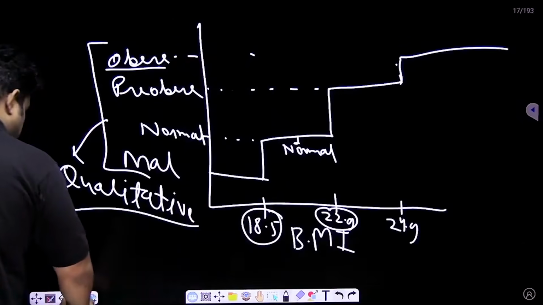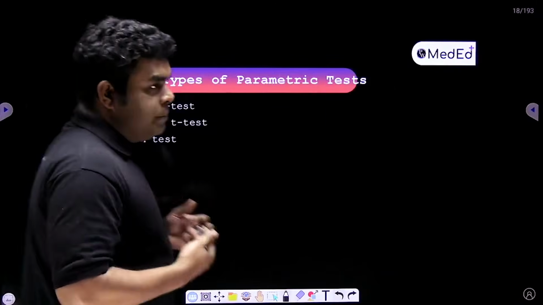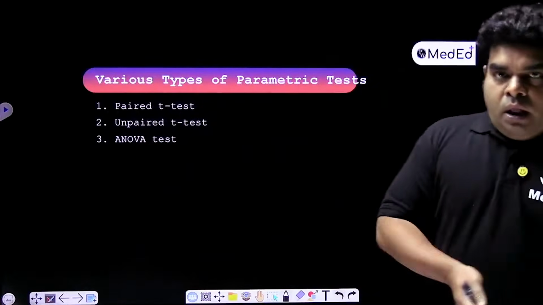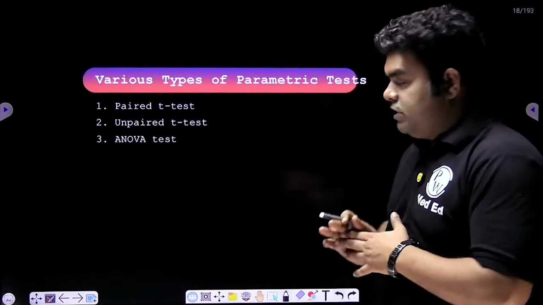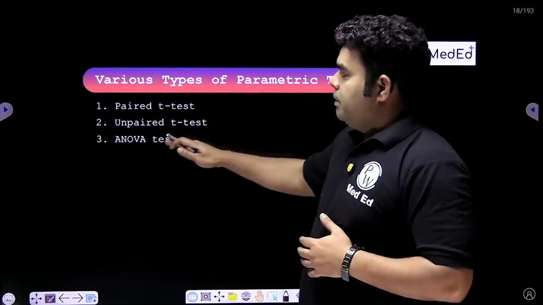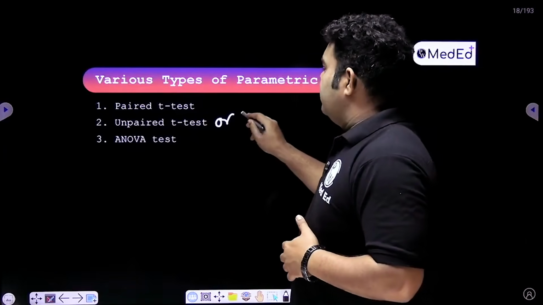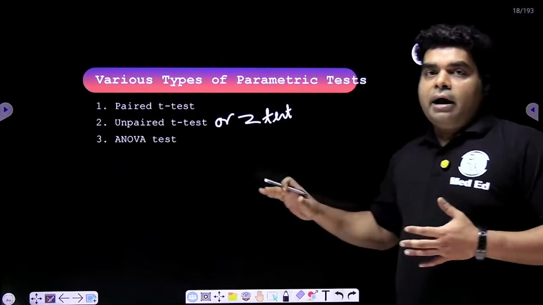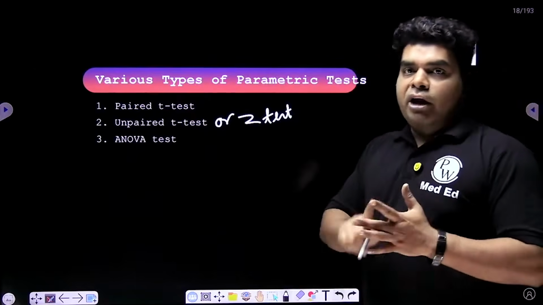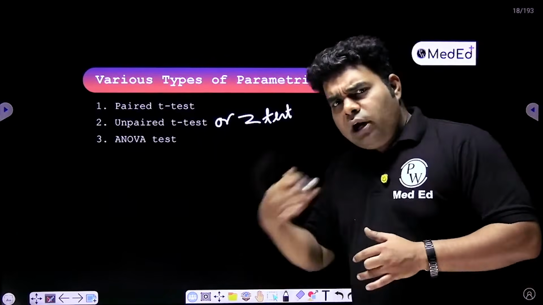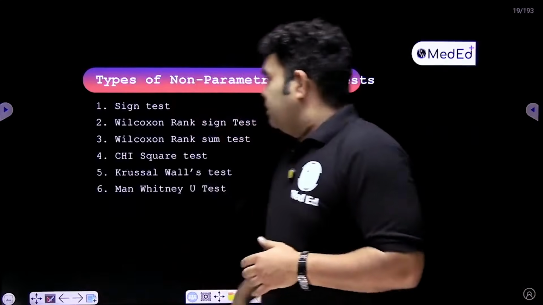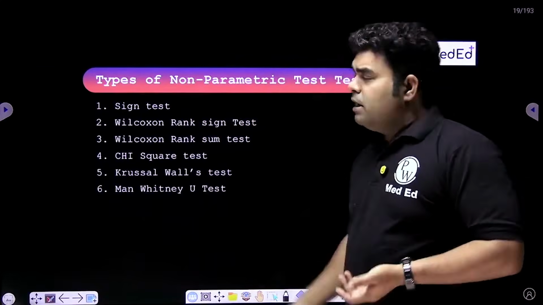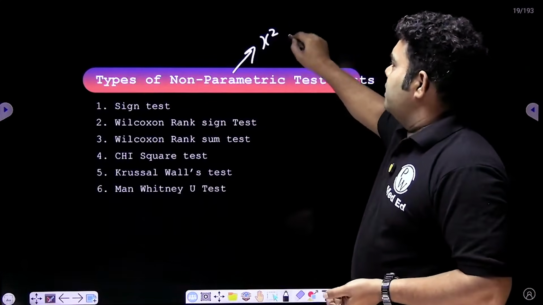Now, which type of tests are parametric tests? There are 4 tests which are parametric: paired t-test, unpaired t-test, ANOVA, and the Z test. Only these 4 are parametric. Rest all tests are non-parametric. So there is a big list of non-parametric tests, which also includes the chi-square test.